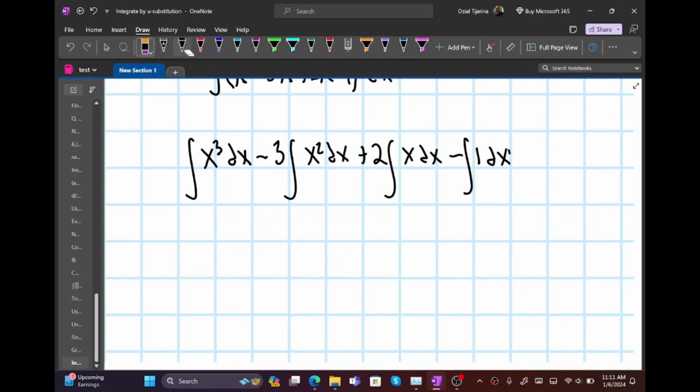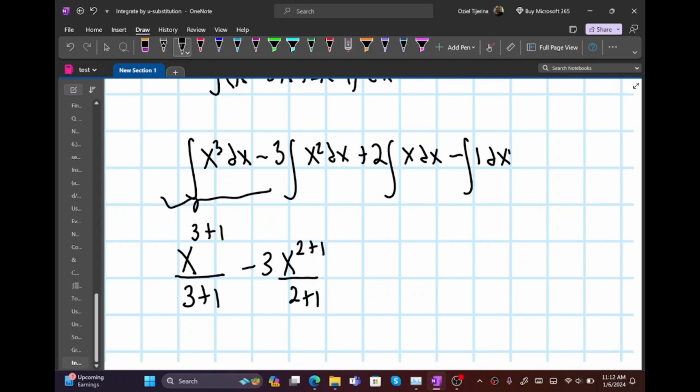And so here, using the power rule, this is going to be x to the 3 plus 1 over 3 plus 1, minus 3 times x to the 2 plus 1 over 2 plus 1.